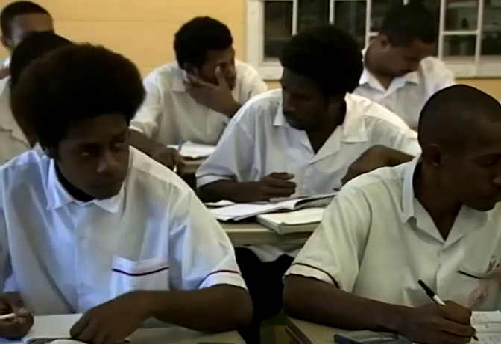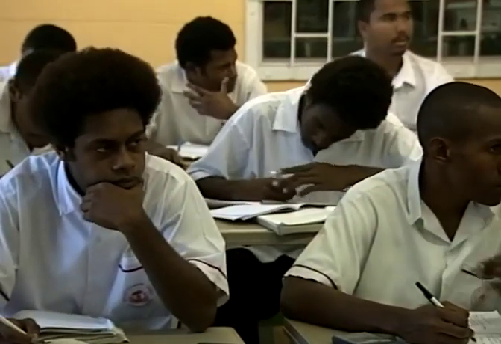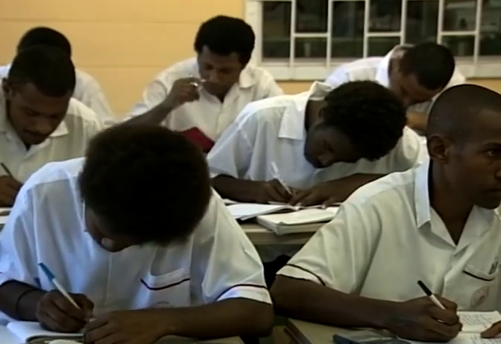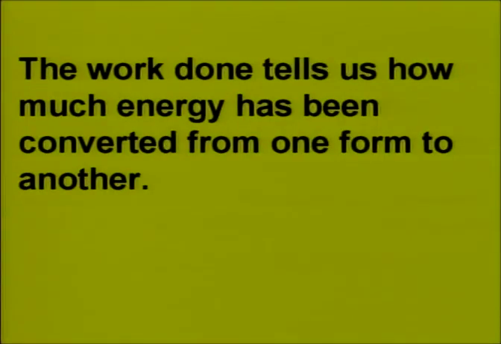Right, if we move on, the work done has to tell us how much energy has been converted from one form to another form. None of this energy can be lost. It is only transferred from one form to the next.